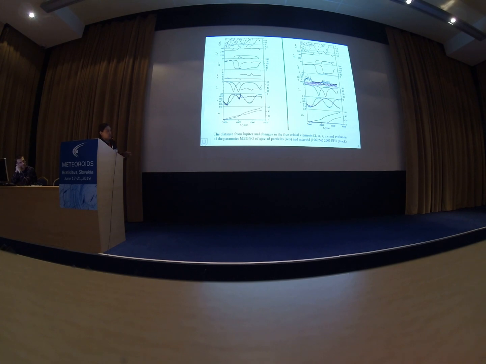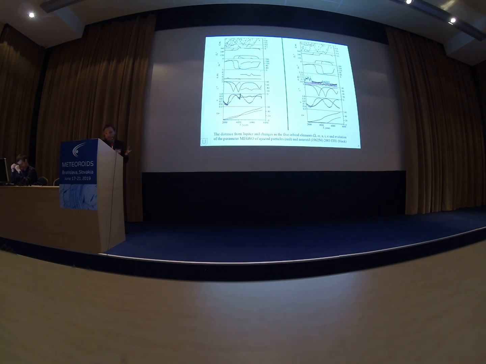For example, we present chaotic motion for one particle and regular motion for another particle. If you look at the regular simulated particle, this simulated particle does not have many frequent crossings with Jupiter. The gray horizontal line is the Hill sphere, the radial sphere here.